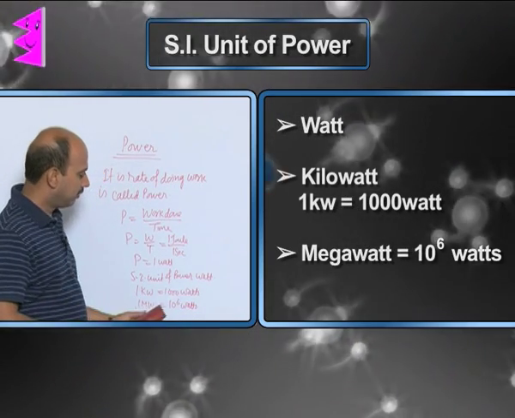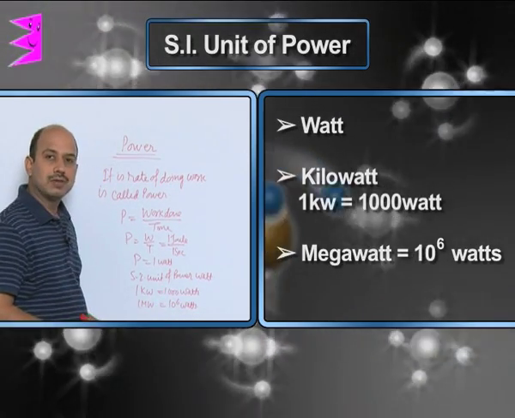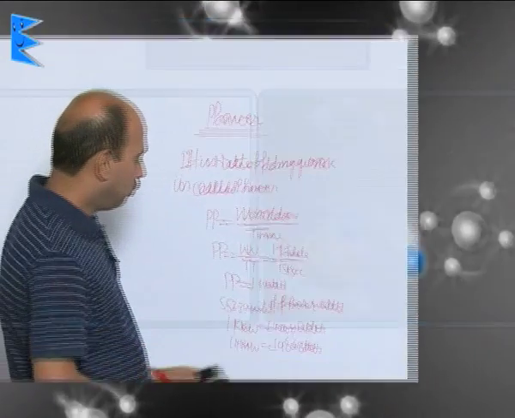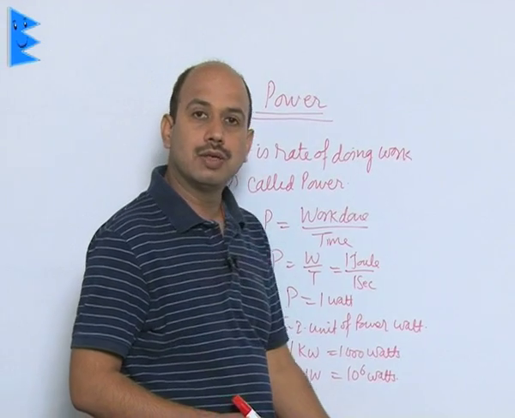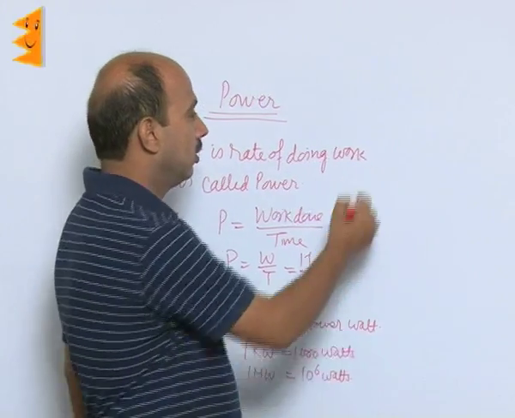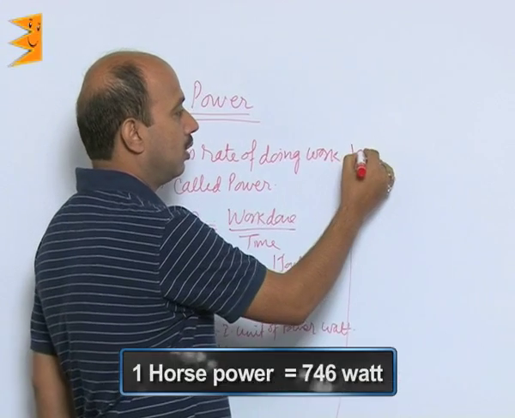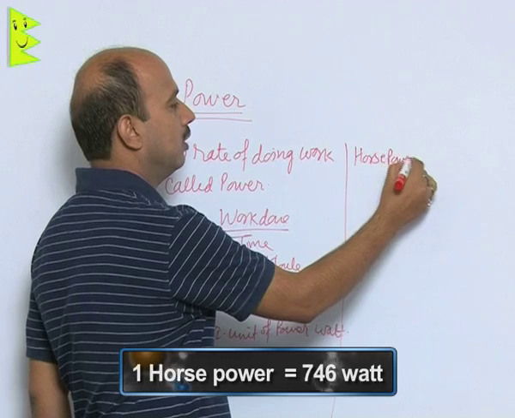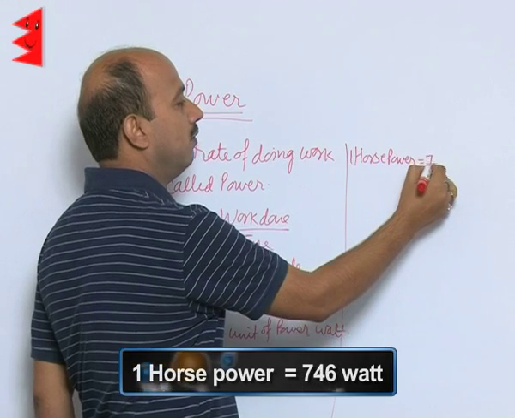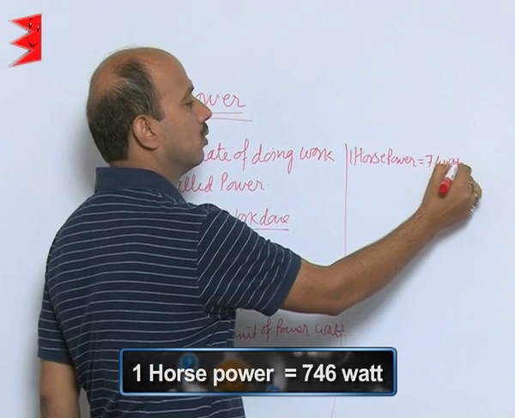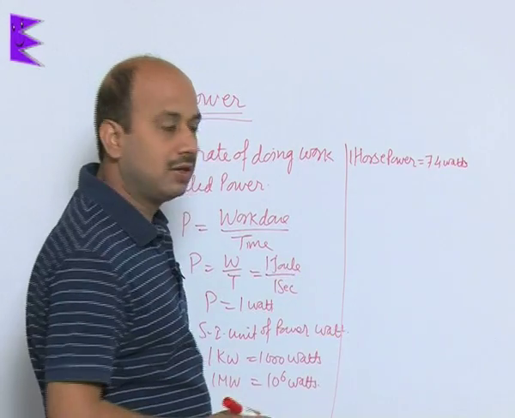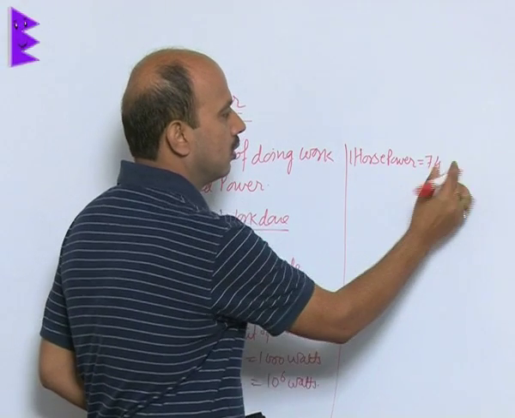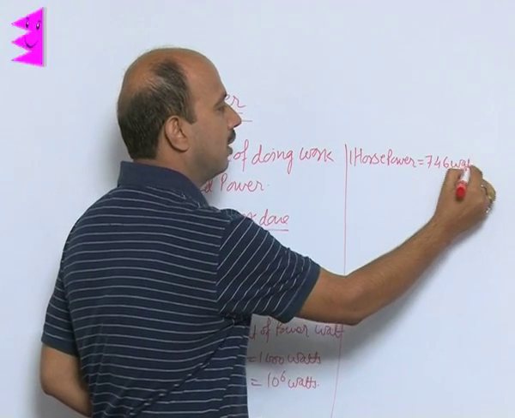So, these are the different units of power which we use. And also we can use one more, that is called horsepower. 1 horsepower is equal to 746 watts. So, these are the different units used for measuring power.